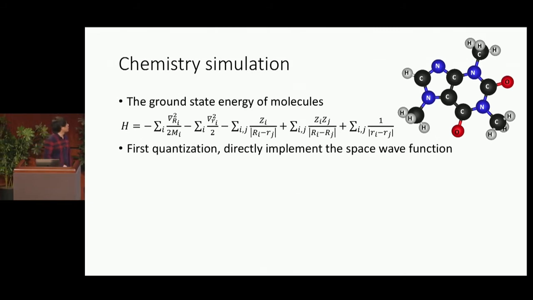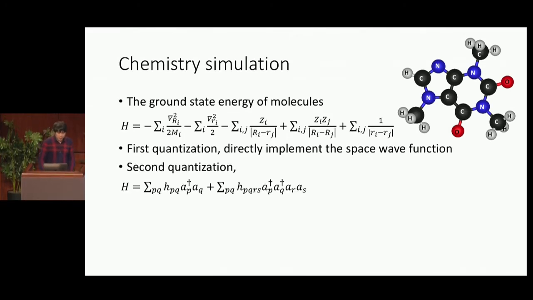while with quantum mechanics, we can consider the first quantization method. That is, we discretize the space, and then we directly implement the spatial wave function. But for this first quantization method, we need a lot of qubits even for a very small molecule, so it is not very efficient. A more efficient method, probably for small molecules, is the second quantization method.